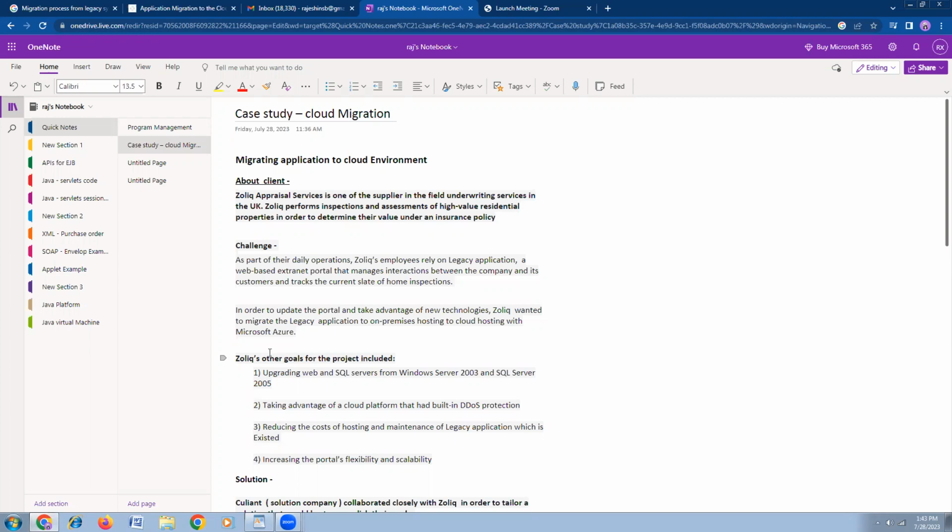As we all know, migration of applications from an existing application to the desired environment is essential, as the transformation of applications is happening at regular intervals.